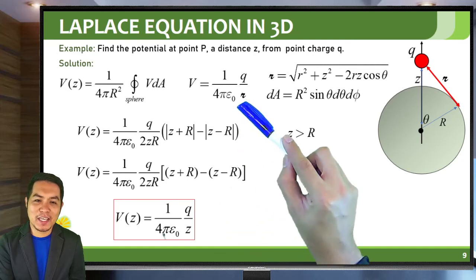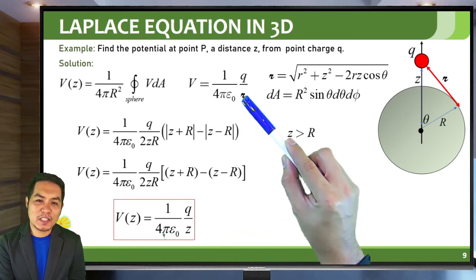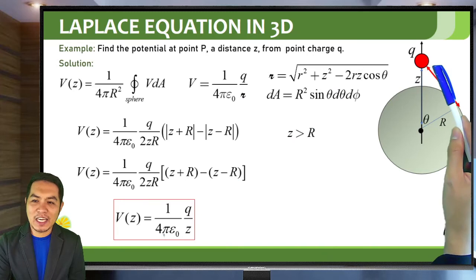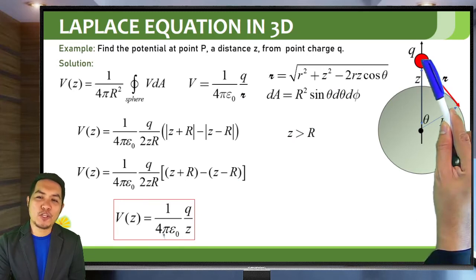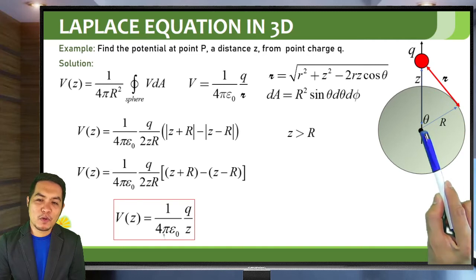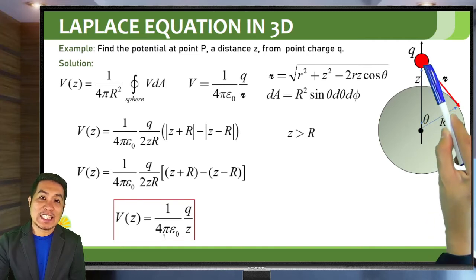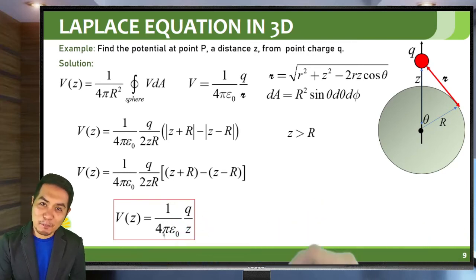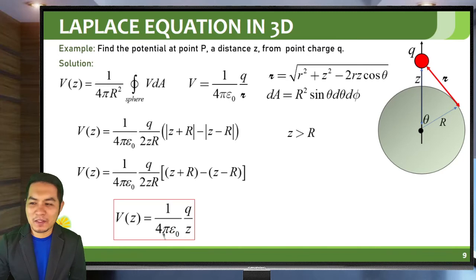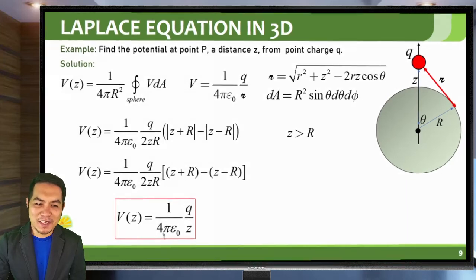But actually you can easily just substitute your separation distance, since clearly the separation distance from the source point charge to the point where we want to find the potential is z. So this is just a proof to show you that the method of relaxation works, but you are not advised to use this method in finding the potential.